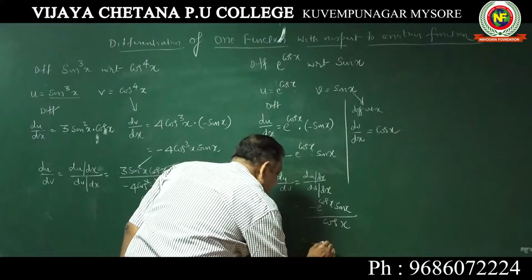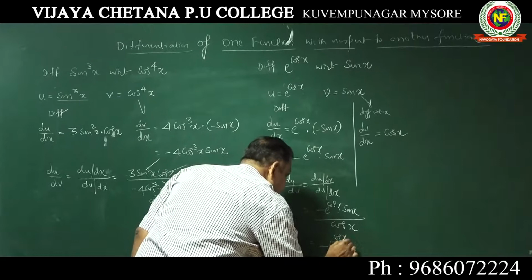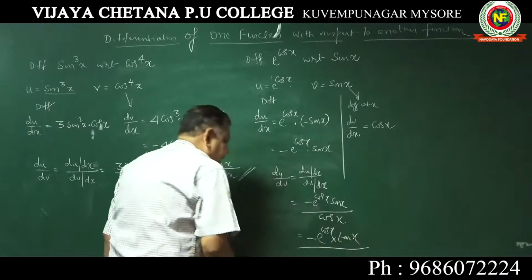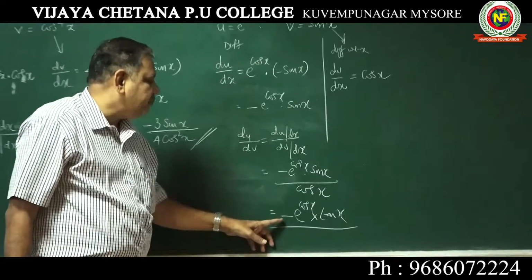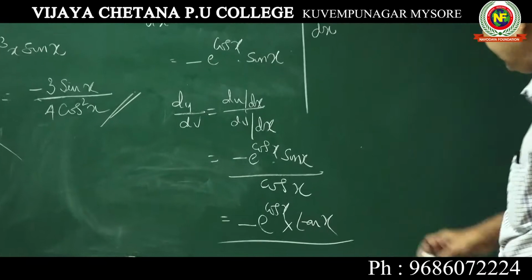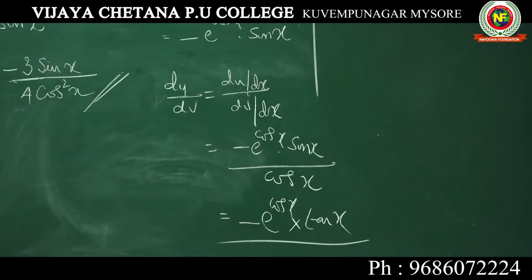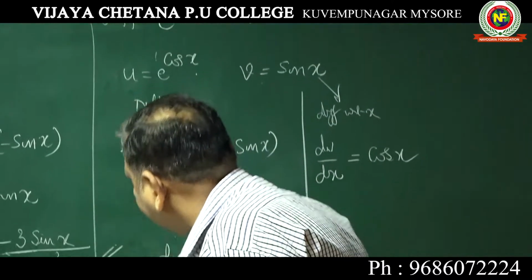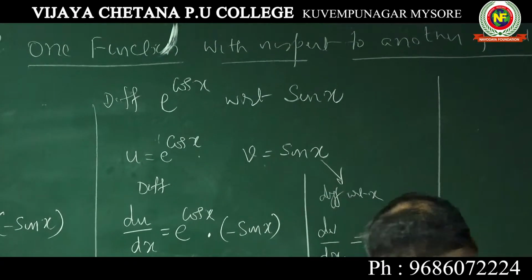Our answer is minus e to the power of cos x into sin x by cos x, which is tan x. This is the answer. We can keep the answer as minus e to the power of cos x into tan x. Okay, we will take one more problem here.